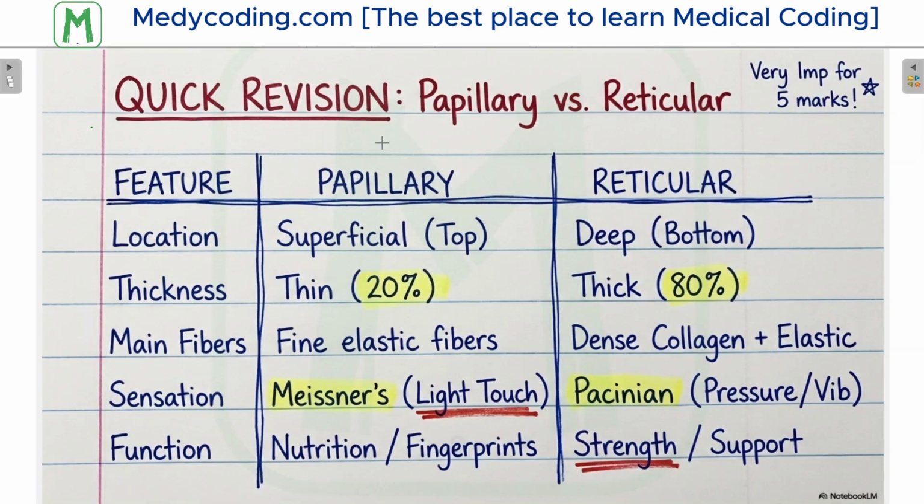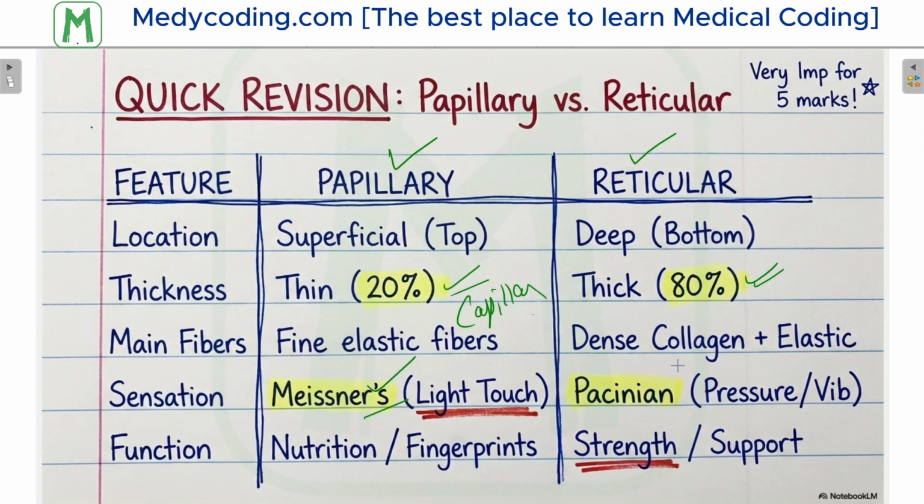The dermis layer is divided into two parts. The first is papillary, second is reticular. The papillary consists of 20% and the reticular consists of 80%. The papillary layer contains capillaries that help in the nourishment of the epidermis. It also contains Meissner corpuscles for light sensations.